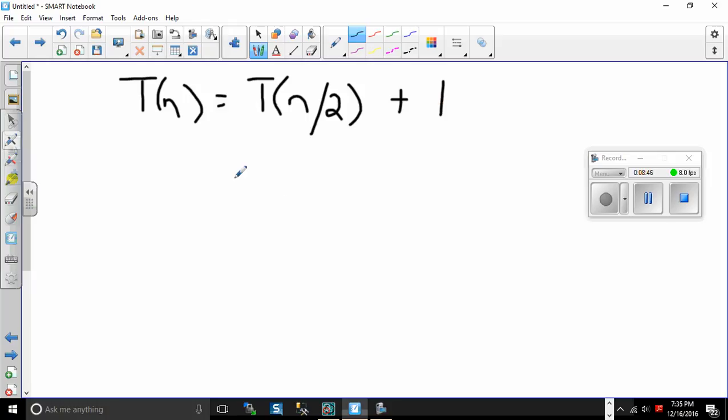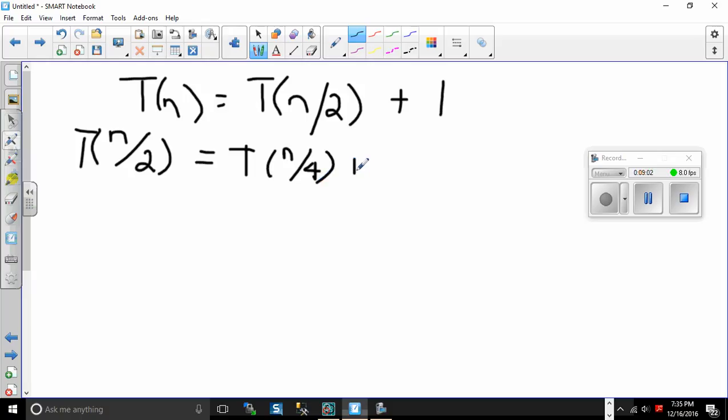Now we need a formula for T(n/2). T(n/2) is just equal to T(n/4) plus 1. Substituting that back into the equation, T(n) is equal to T(n/4) plus 2.